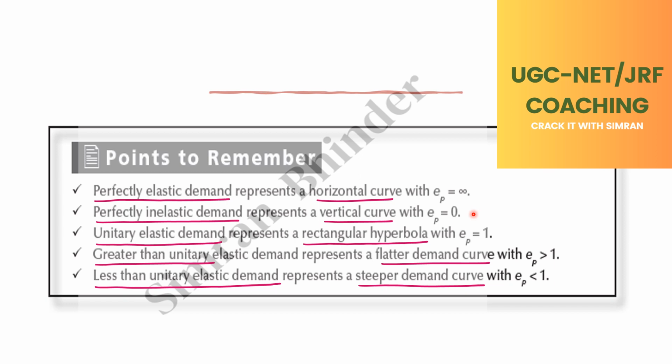Next, unitary elastic demand represents a rectangular hyperbola shaped demand curve where elasticity of demand is equal to 1. Then greater than unitary elastic demand represents a flatter demand curve with elasticity of demand greater than 1. Last point is less than unitary elastic demand, which represents a steeper demand curve with elasticity of demand less than 1. I hope this topic is very much clear to you.